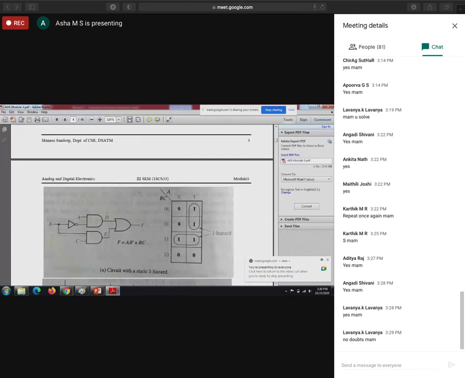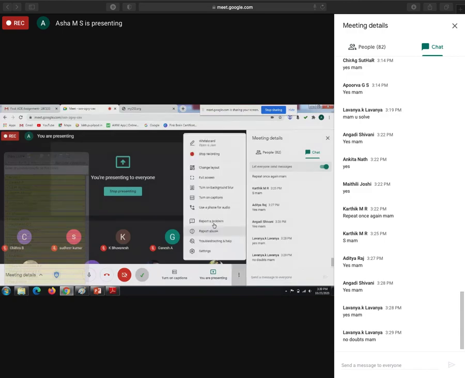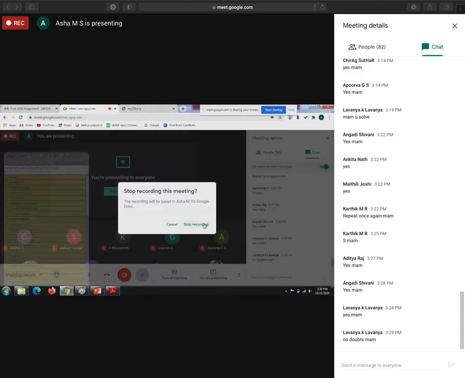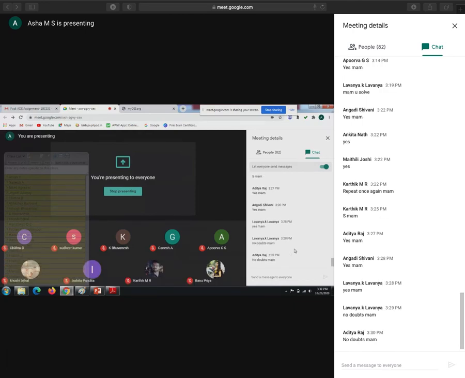Otherwise, if you want to write, take this circuit and write. Timing diagram, any doubts? Leave it for now. When I come to hazards, I will give the circuit to write.